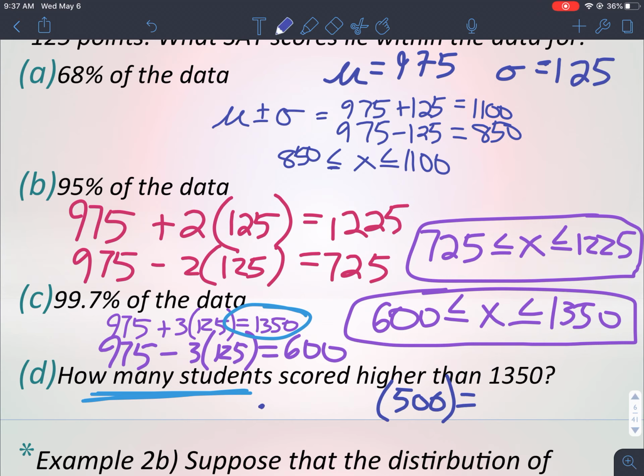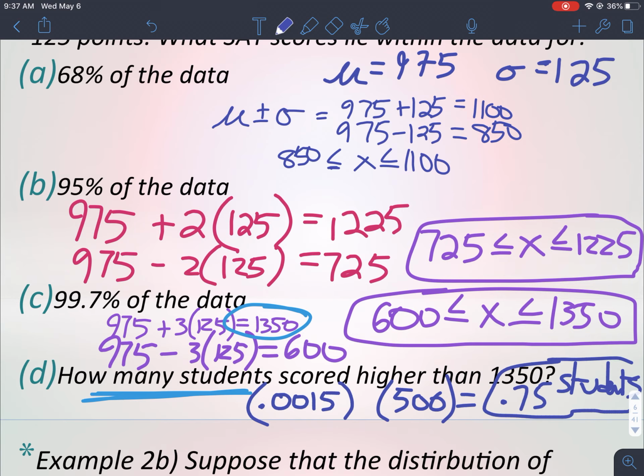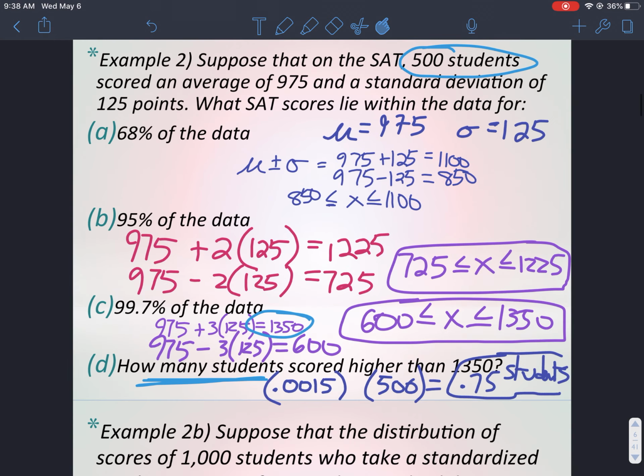So that's going to be 0.0015 times 500. And this is going to be 0.75 students. So not even one student would score above a 1350.